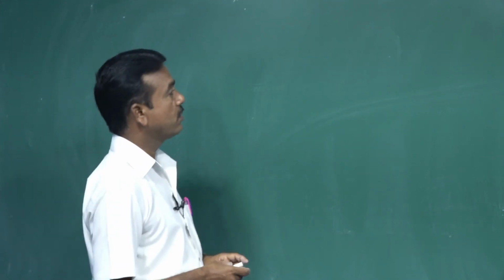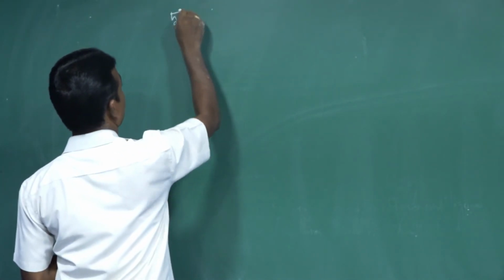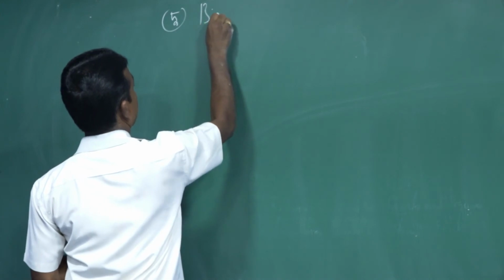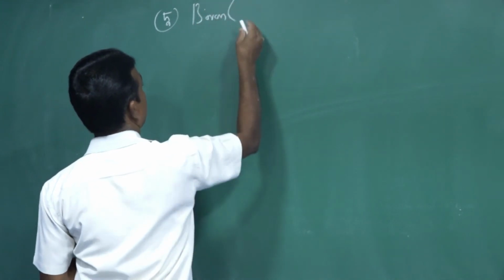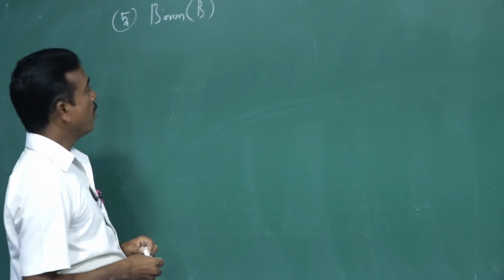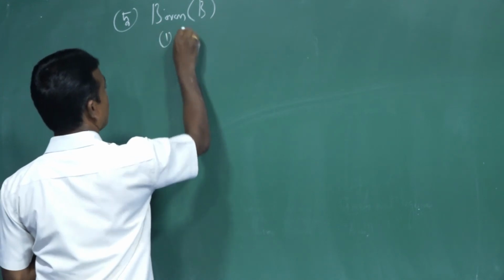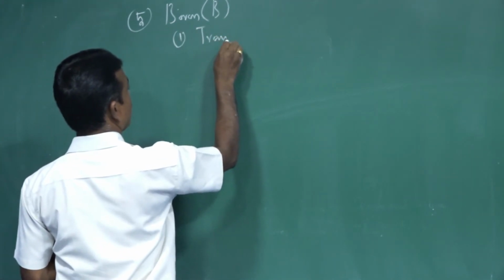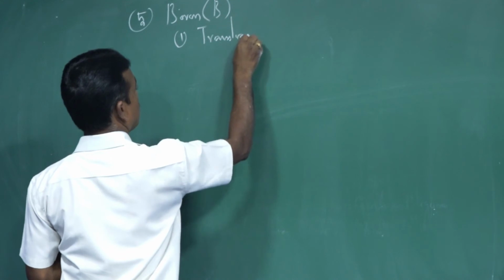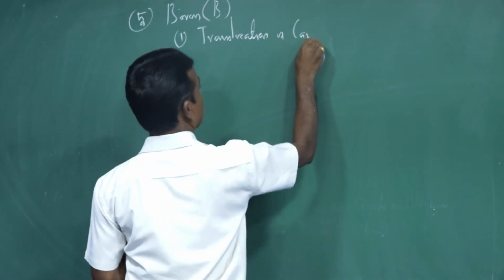Can I go to the fifth element? It is commonly called boron. The symbol is B. Boron is responsible for translocation of carbohydrates.